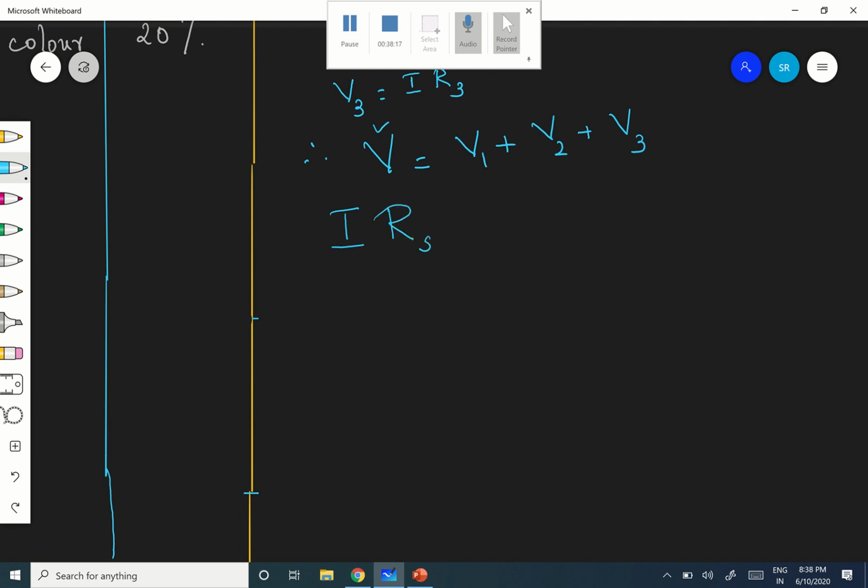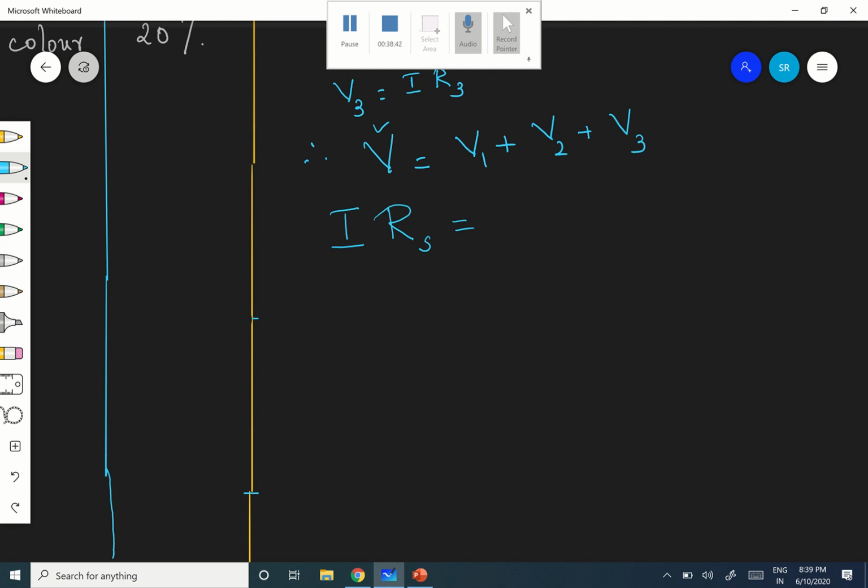Therefore, I R_S. Are you following? V is equal to I into R_S. Why? Total potential is nothing but total current into total resistance. What is the total resistance here? Total resistance is R in series, the series combination of all the three resistors R1, R2 and R3.